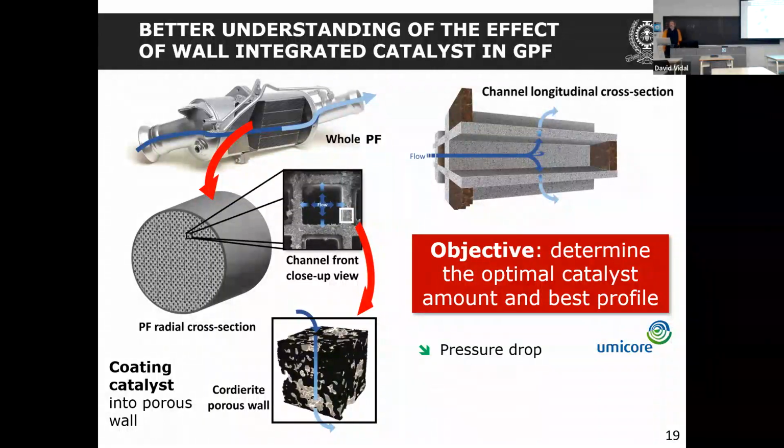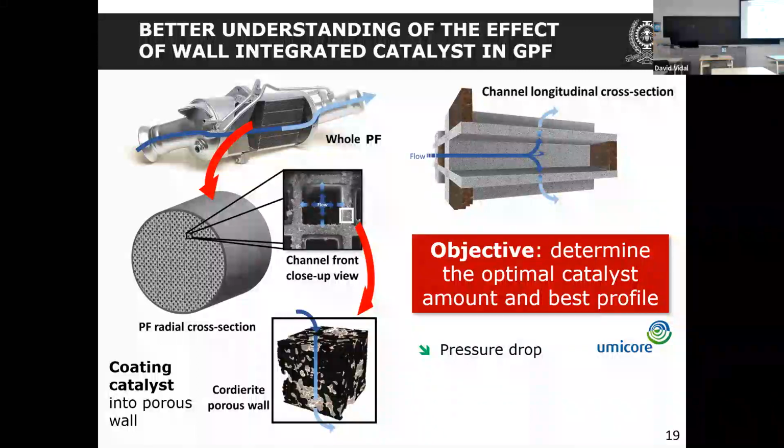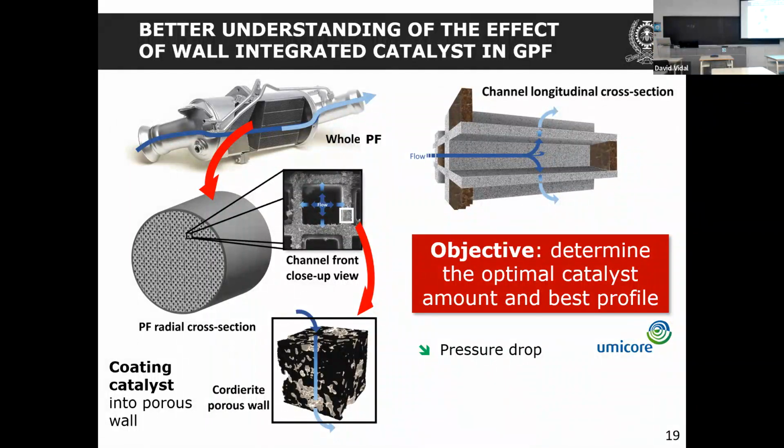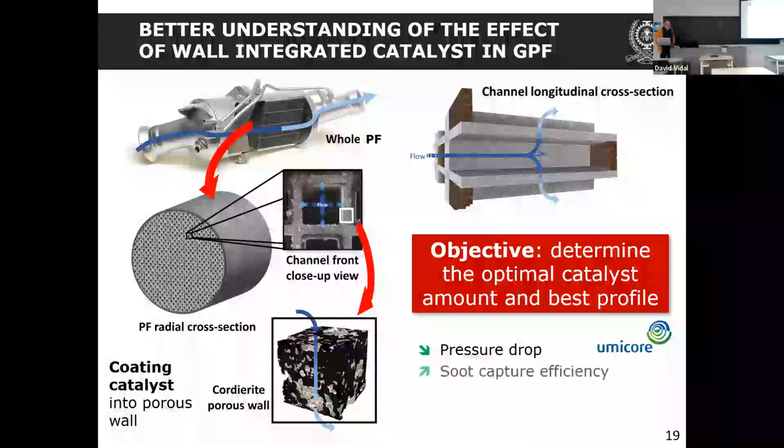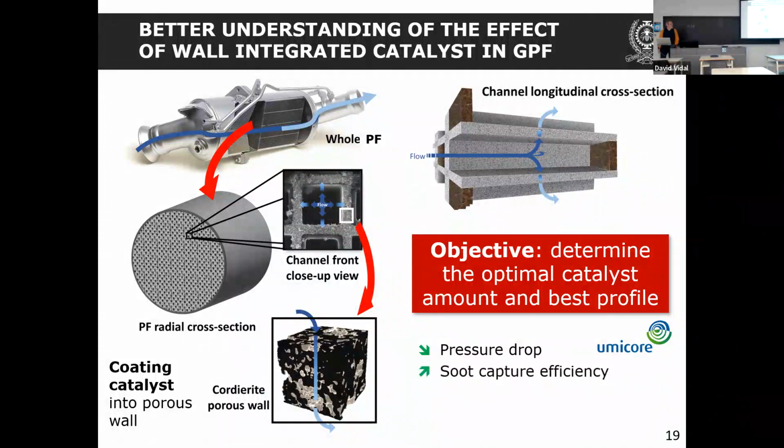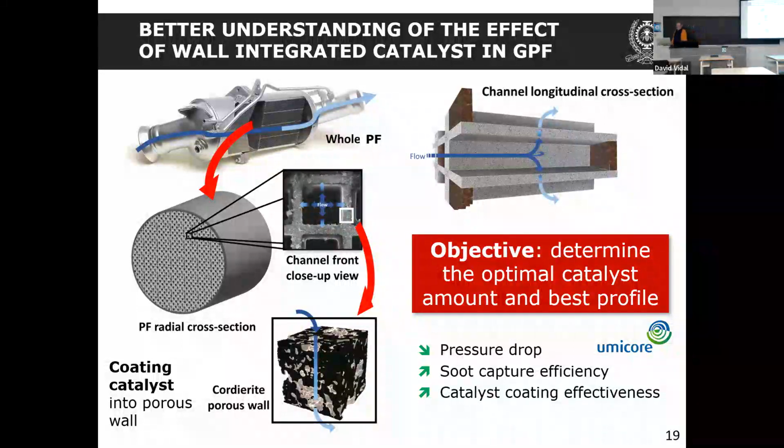Basically, in terms of catalyst deposition, you want a deposition that will give you the lowest pressure drop possible, because low pressure drop means lower gas consumption and or higher power for your engine, while you want to eventually increase the capture of soot and have a very good catalytic conversion of the noxious gas.